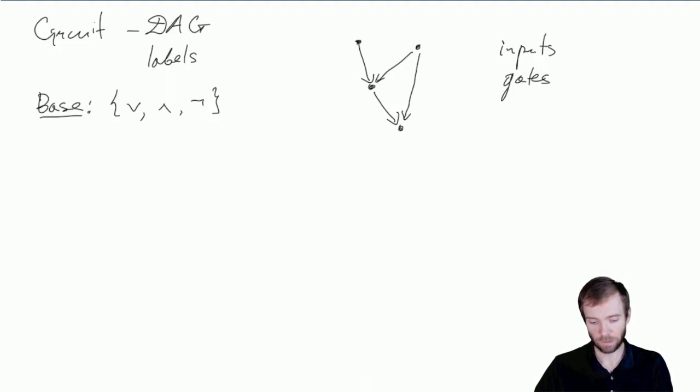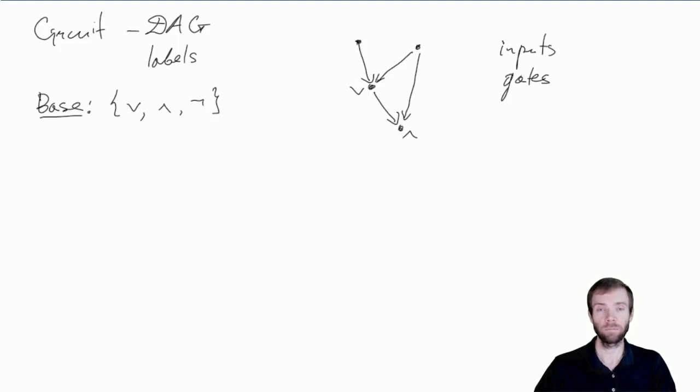So for instance, if we say place disjunction here and conjunction here, now these are two gates of our circuit. For each gate, of course, the number of input arcs should correspond to the number of operands for these Boolean operations. So if we are dealing with binary disjunction and conjunction, each node that is labeled with this type of Boolean operation should have exactly two incoming arcs.